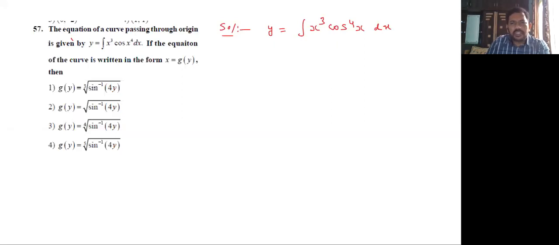Sorry, I made a mistake in writing here: it is cos x power 4 dx. So how do we solve this?